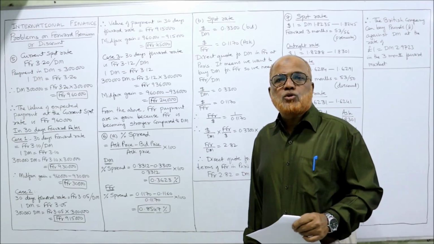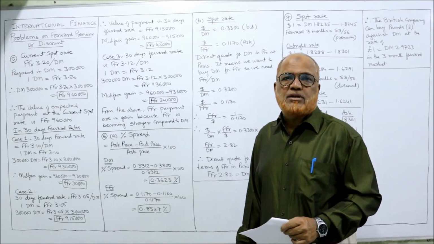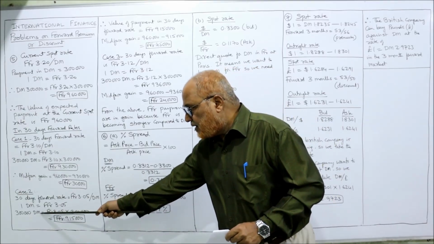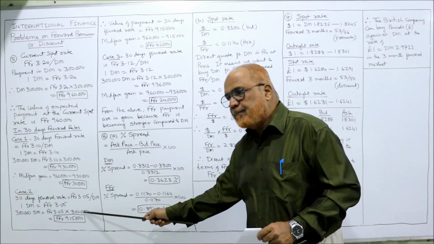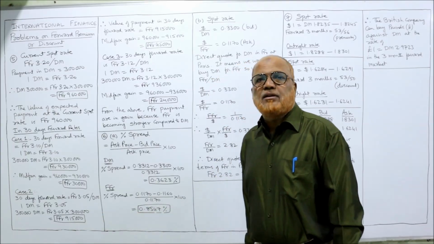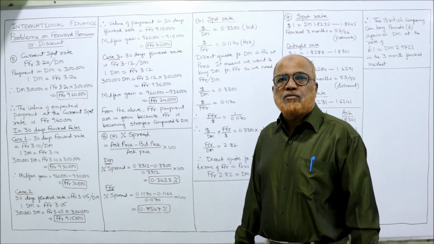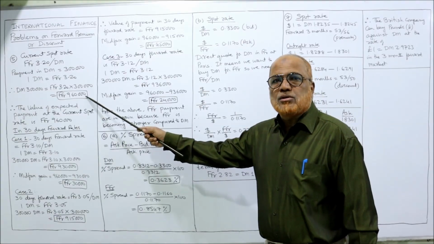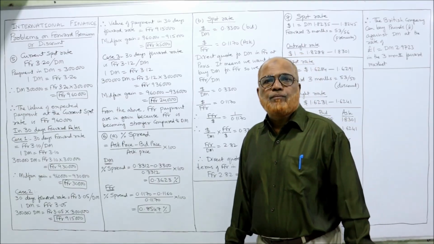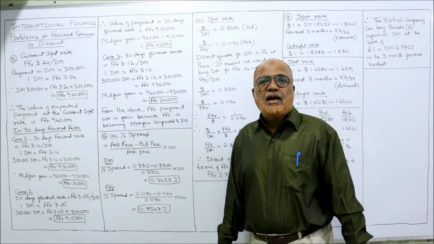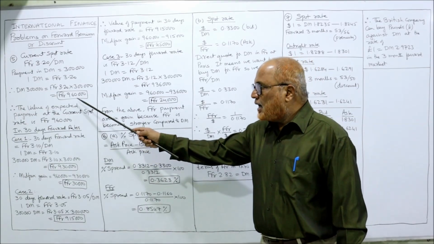How much payment does it have to make? 3 lakh DM. So 3 lakh DM is equal to FFR 3.05 into 3 lakh. You'll get 9 lakh 15,000. What is the spot rate value? 9 lakh 60,000. The 30 days forward rate value? 9 lakh 15,000. So Midfax company is gaining. How much is the gain?